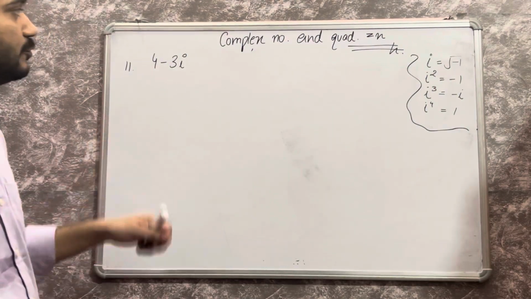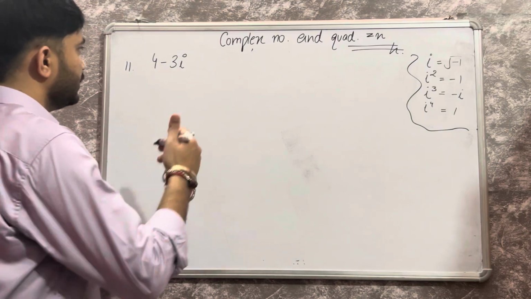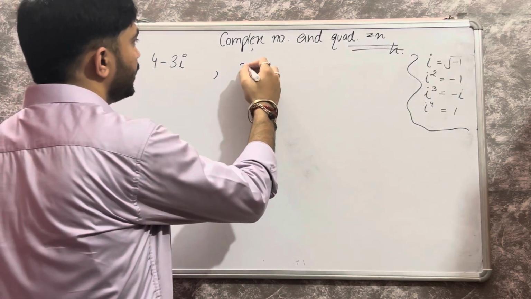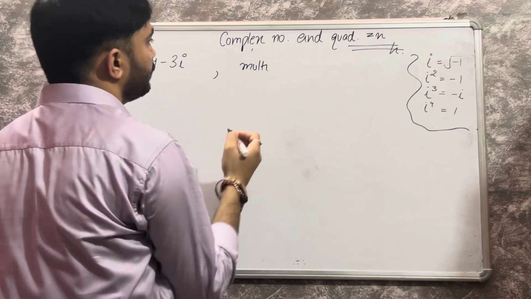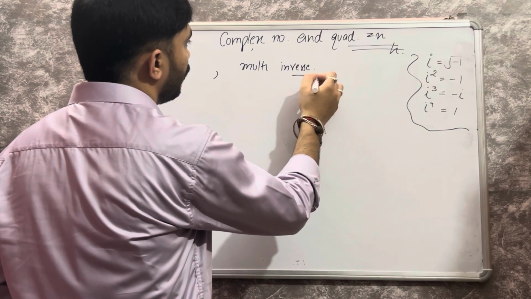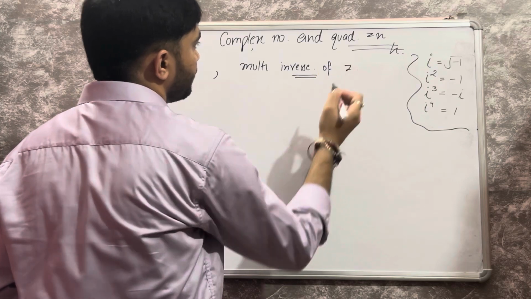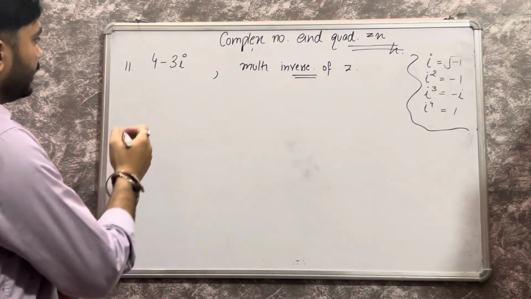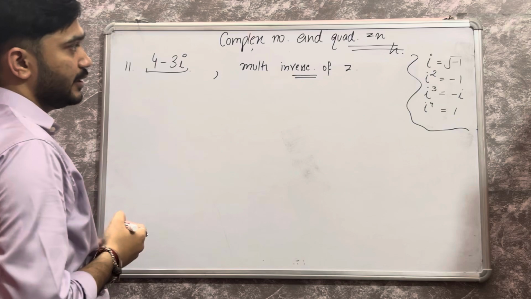Now let us move towards the next question. In this question we are going to find the multiplicative inverse of z. Here the question is 4 minus 3 iota.